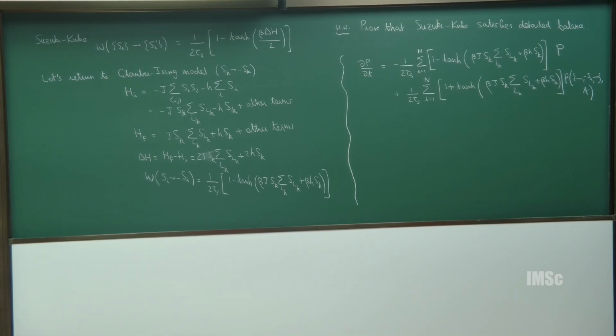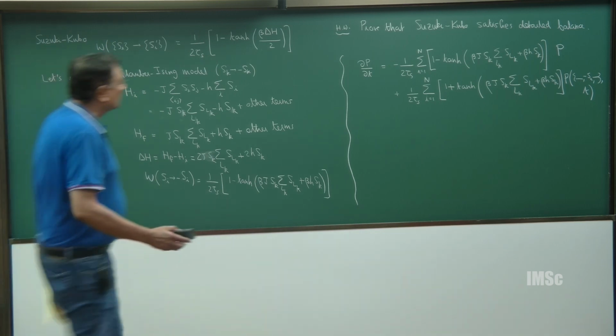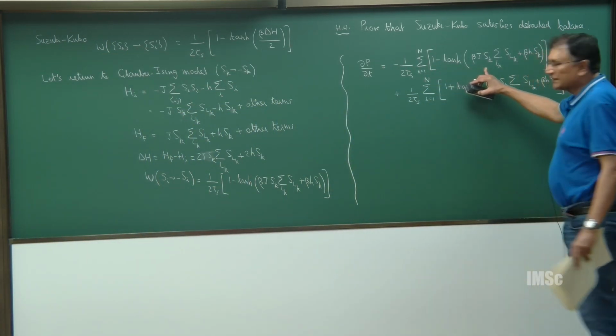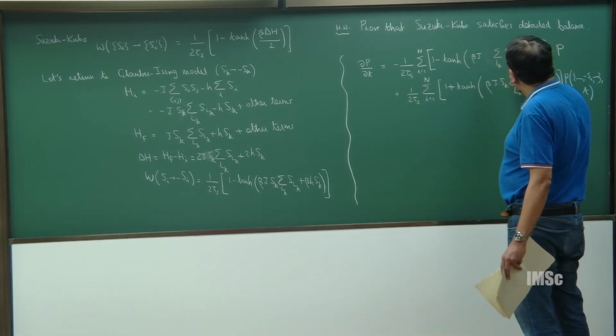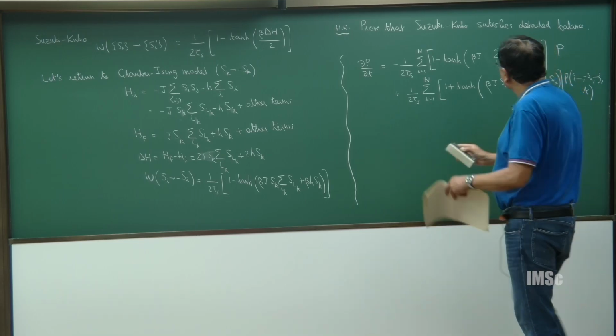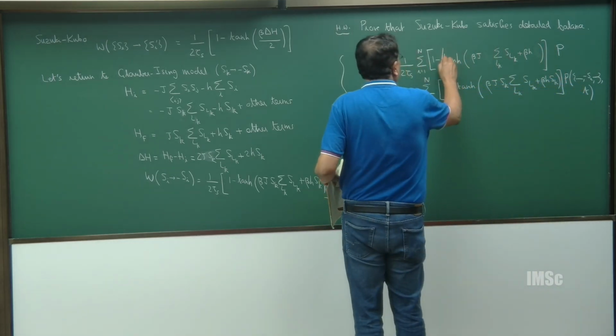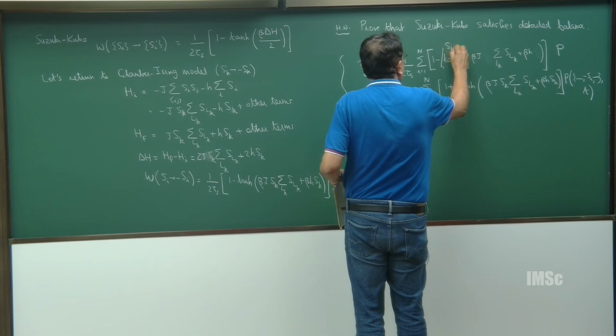I can simplify it in a very direct manner. I recognize that S_k can be either +1 or -1. So I can get rid of it inside the tanh and bring it out here.